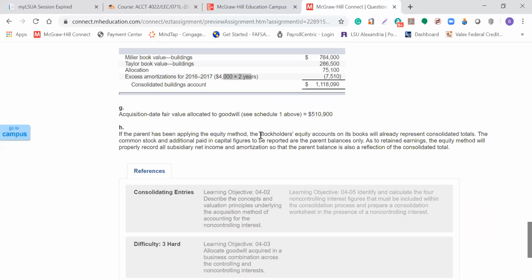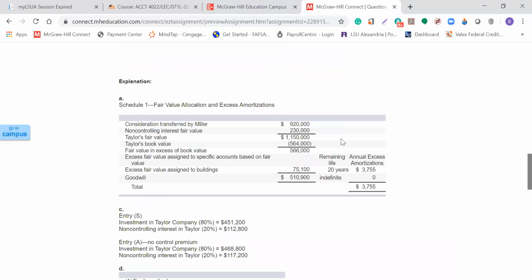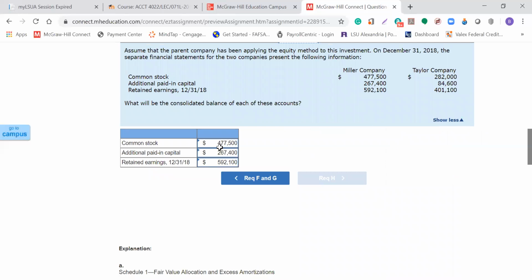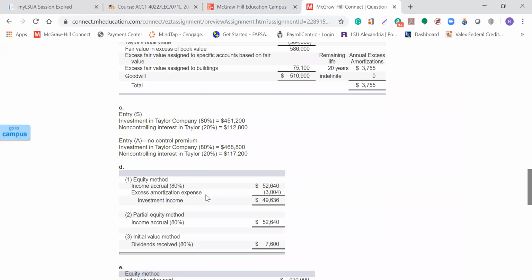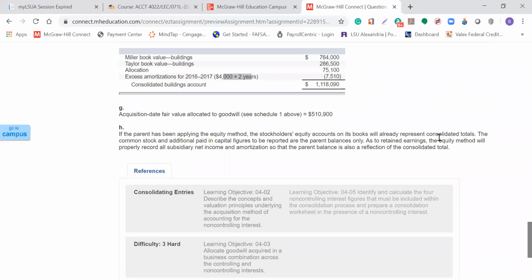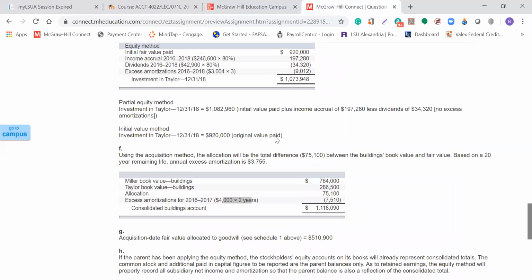If the parent is applying the equity method for Part H, the stockholders' equity accounting on its books will already be represented in the consolidation total, and the common stock and additional paid-in capital figures to be reported are the parent's balances only. Also, retained earnings under the equity method will properly record all subsidiary net income and amortization, so the parent's balance is also a reflection of the consolidated total. So while H requires you to give these answers, those answers are already tied to the calculations represented in the consolidation totals.